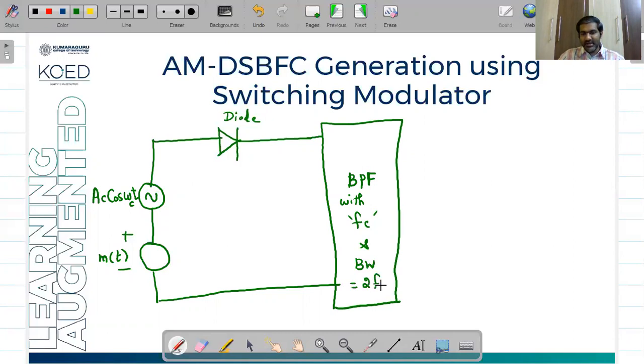You should choose the band pass filter in such a way that the center frequency is FC and the bandwidth is 2 FM. Why? Because it is a double sideband full carrier circuit, so you require both the upper sideband and the lower sideband, whose bandwidth is 2 FM. You should have the center frequency tuned at FC, which is nothing but the carrier frequency.